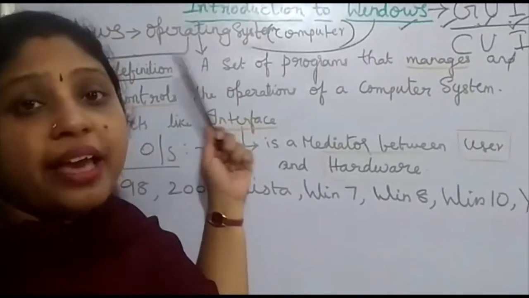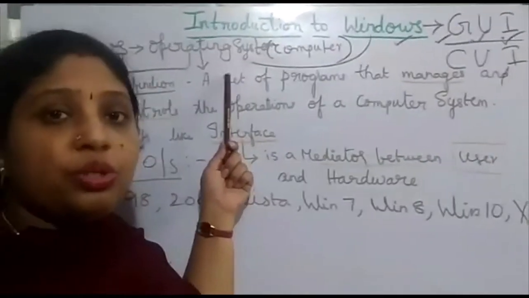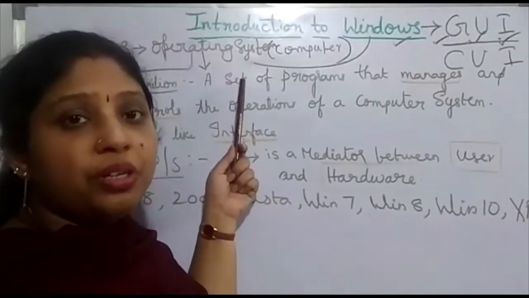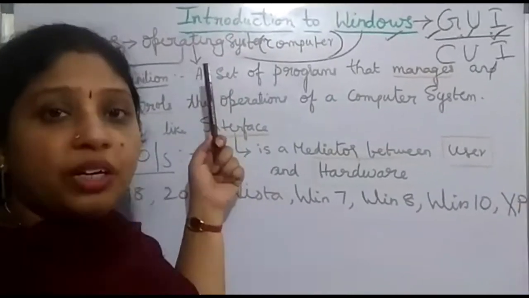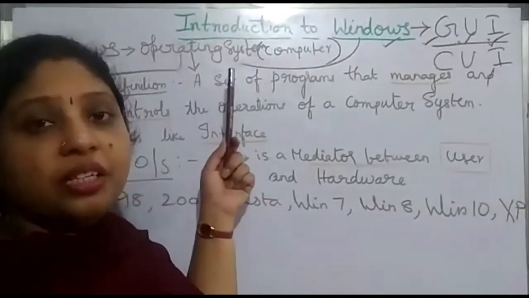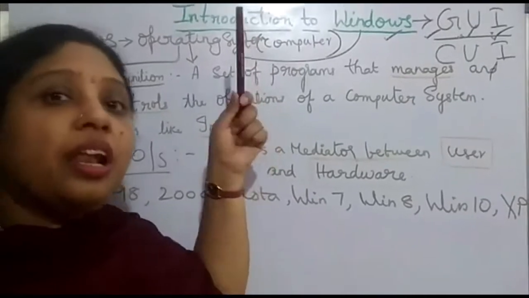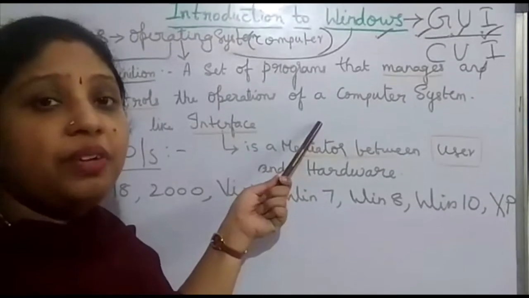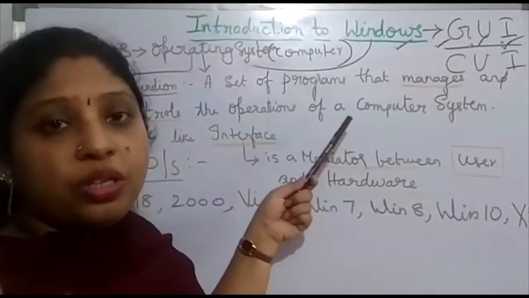It acts as an interface because whatever answer the user wants from the computer, he feeds to the computer, then this interface understands it, the computer processes it, and it gives the output on the system. So the work of the operating system is like a mediator between the user and the hardware. What is the hardware? The physical components of the computer, like keyboard, mouse, and so on.